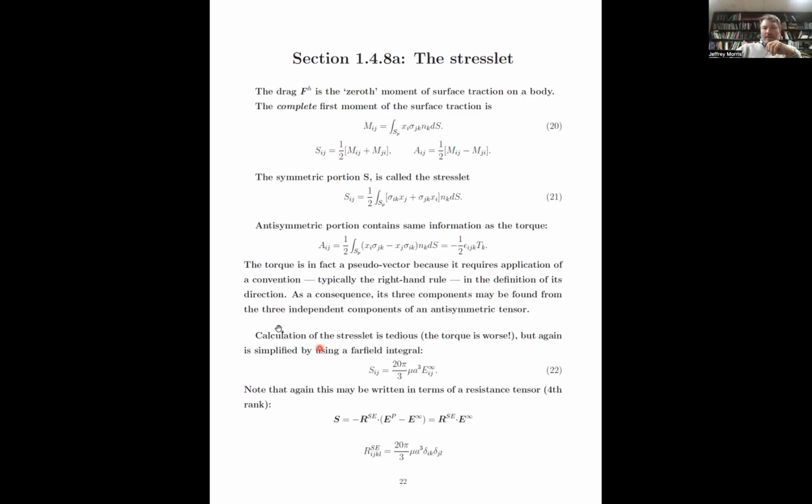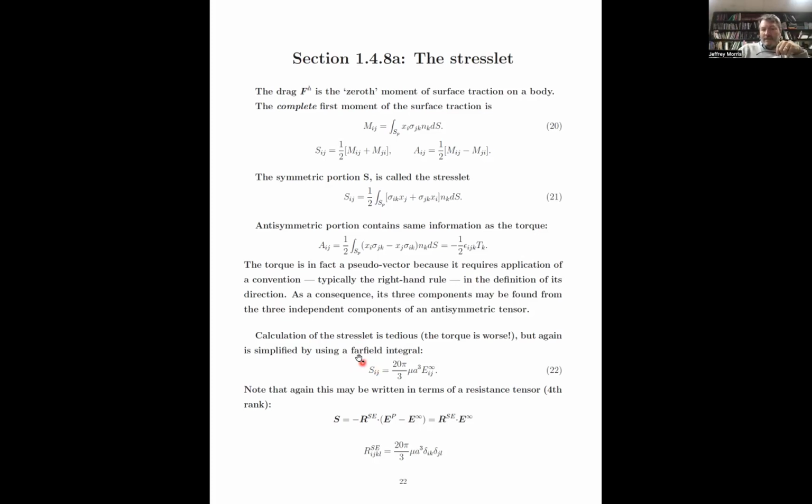All right, so here the calculation of the stresslet is a tedious thing, right? The torque is even worse, right? So I chose not to put those in because they're really a big mess to calculate. But I did want to indicate that it's simplest to determine the stresslet if you take the velocity and the pressure field and determine it by using this far field idea of carrying your calculation off to a surface at infinity.